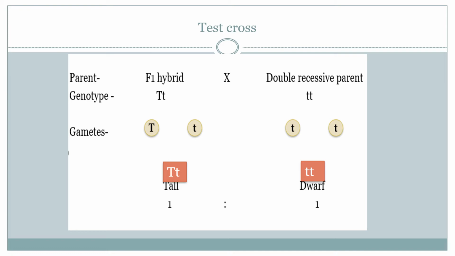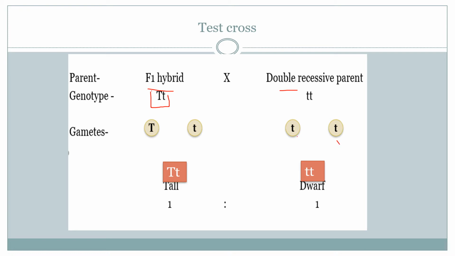The test cross is the cross between the F1 hybrid and the double recessive parent. Here the F1 hybrid is capital T and small t, right? Heterozygous. And here the double recessive parent means small t, small t. When they are allowed to produce gametes, here they produce capital T and small t as gametes, and here capital T is not there, but small t and small t is produced.